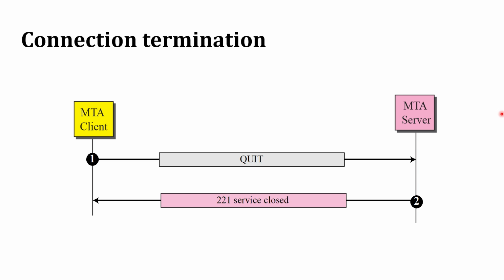After this exchange, the connection between the client and the server is closed, completing the email transfer process. This orderly termination ensures that resources are freed on both sides and the server is ready to handle new incoming connections.